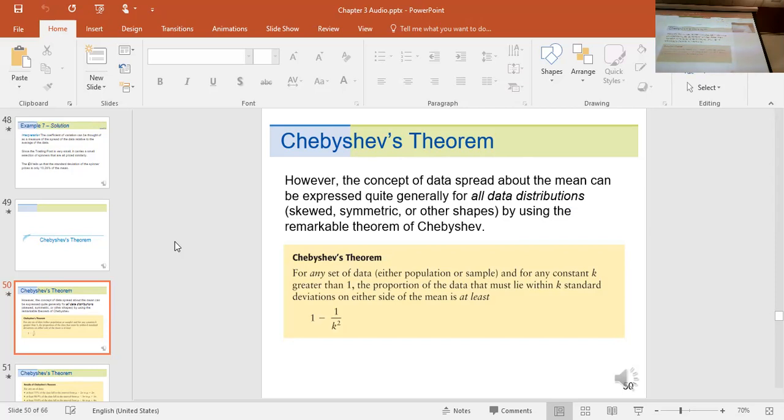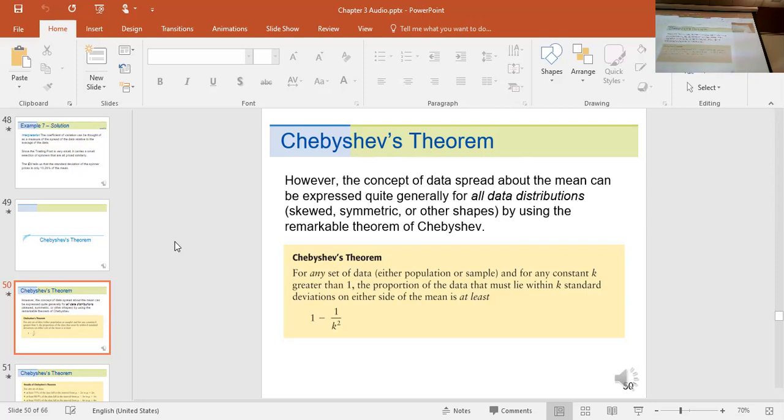If we are within 2 standard deviations, that means we've moved 2 standard deviations to the left and 2 standard deviations to the right. So this is within 2 standard deviations.